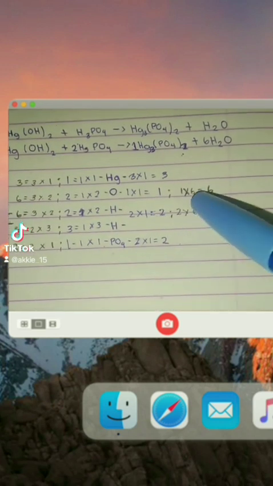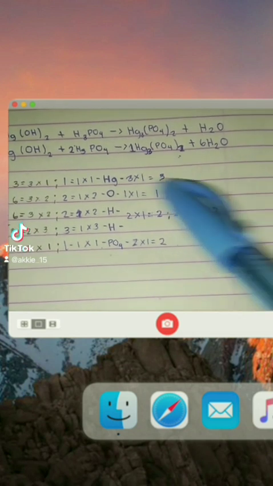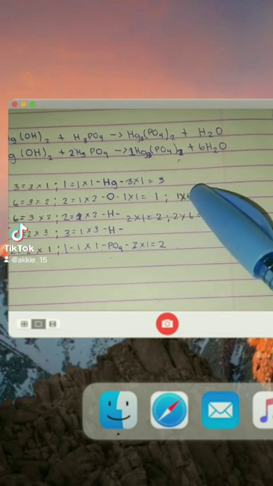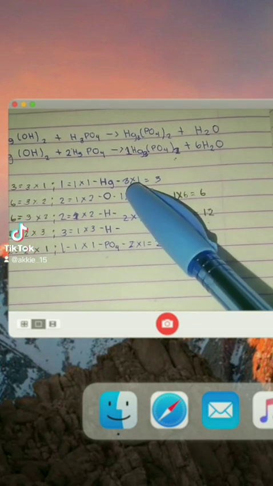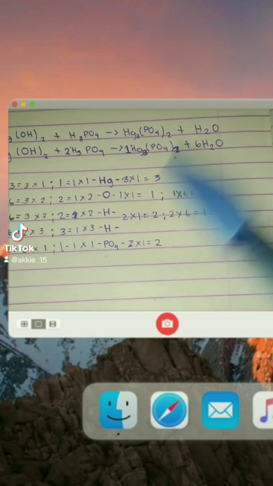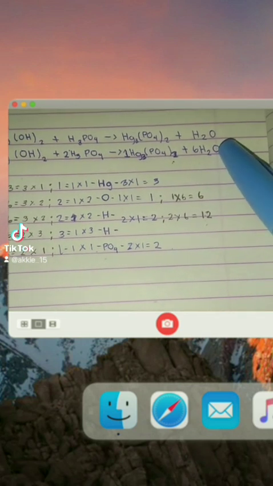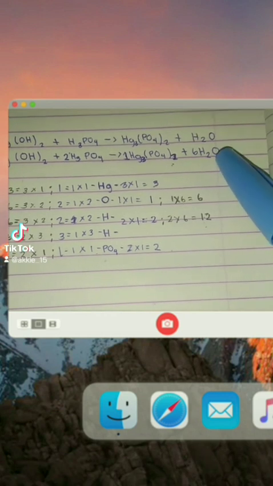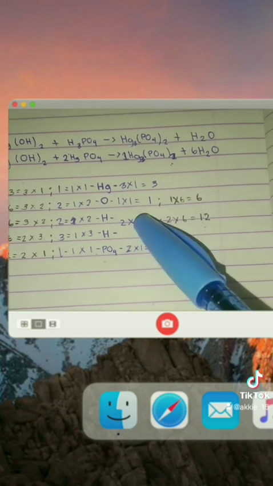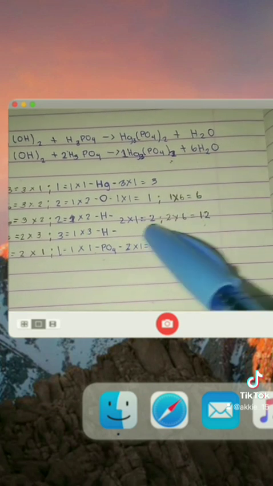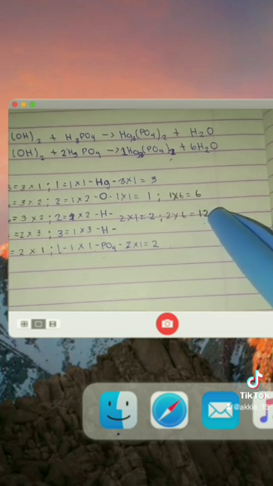We now have 1 times 6 equals 6 oxygen. So we now have the same, balanced number of oxygen on both sides. Since we have added a coefficient, our hydrogen on the product side also changed. So we now have 2 times 6 equals 12 hydrogens.